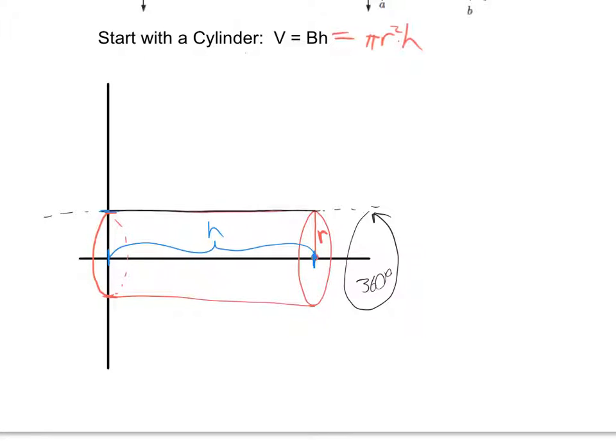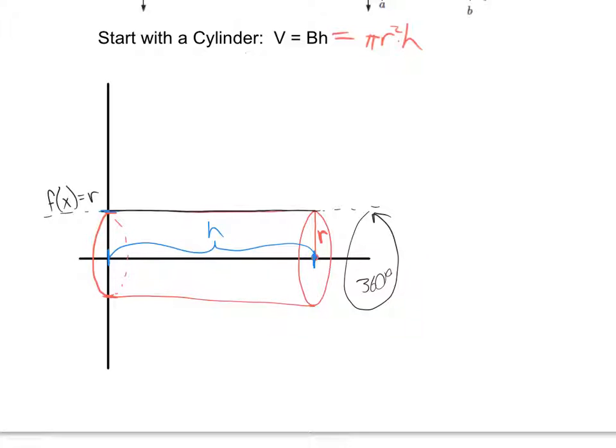So we took this line and we just revolved it around, and that's going to make the outside shell of our cylinder. So our function is f of x equals r.